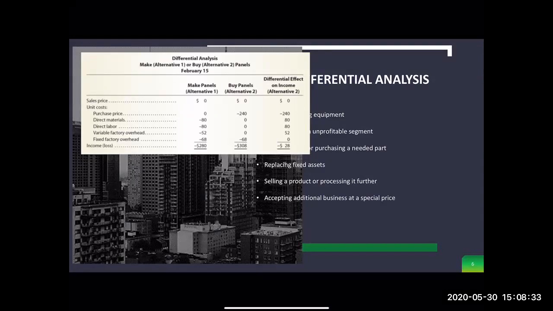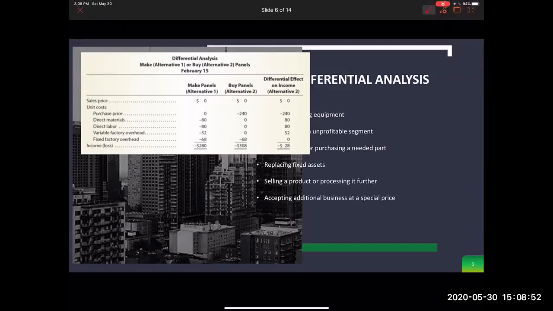So whether we make the product in-house or go out to a supplier and buy it, our depreciation, property taxes and insurance will remain the same no matter what. That's what you see in this example: our fixed costs, no matter if we make the panel or we buy the panel, remain the same.